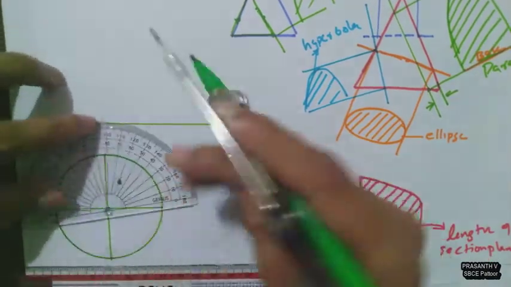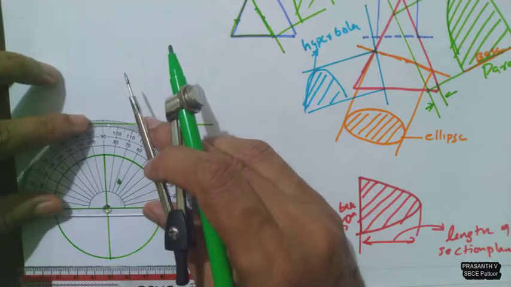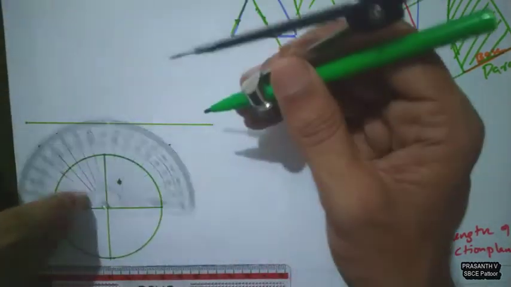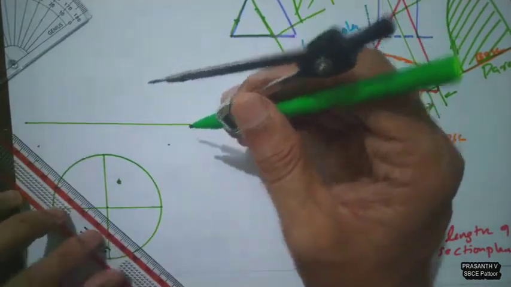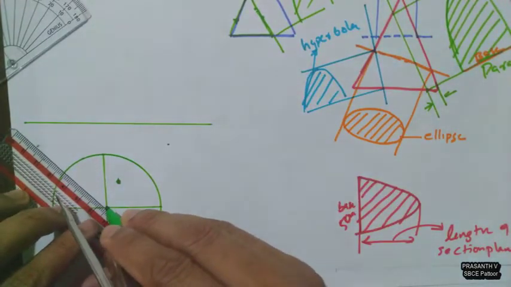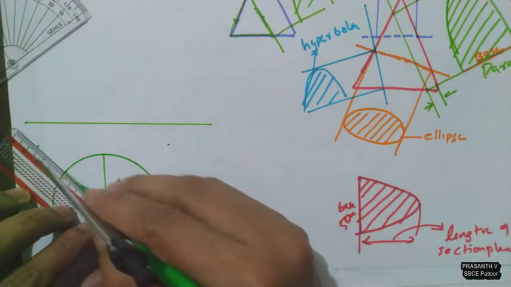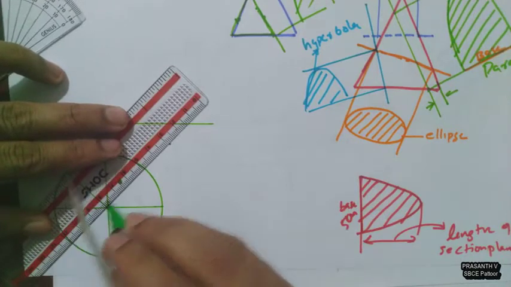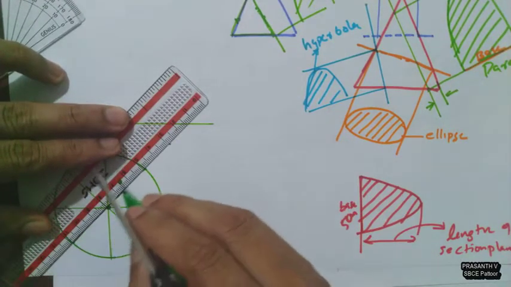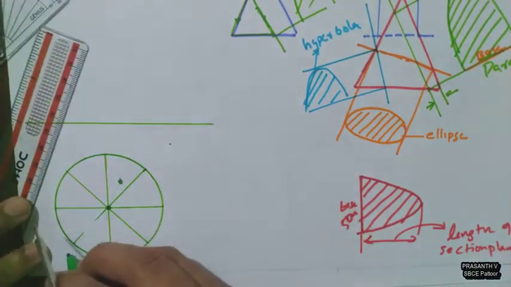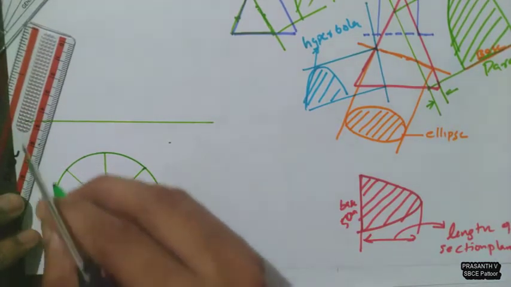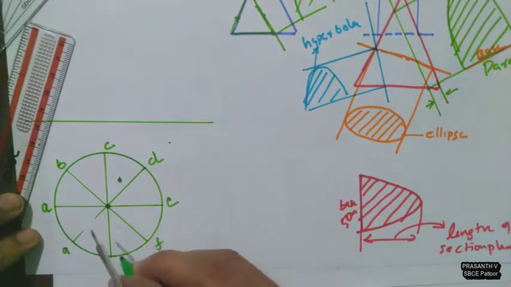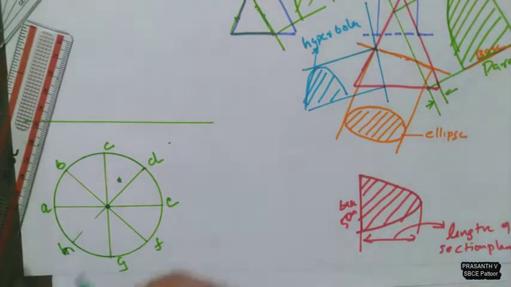This protractor, 45 degree here, 45 degree here. You see, this is A, B, C, D, E, F, G, and this point is H.